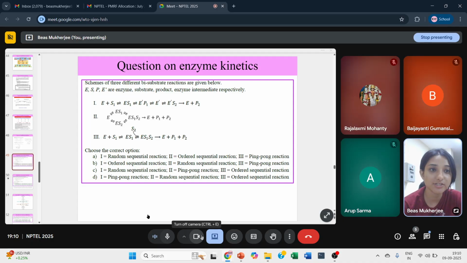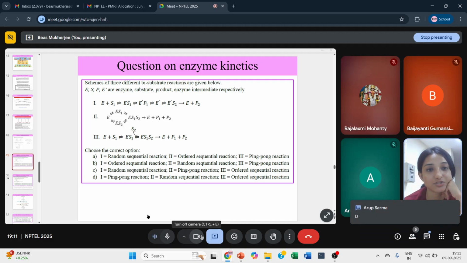Just 2 things you have to look at. Look at the enzyme, how the enzyme is represented, and look at the arrows. Tell me which of these reactions is random, which is ordered, and which is ping pong bi-bi. Remember, in ping pong bi-bi, enzyme gets modified. In random, any one of the substrate can come and sit down first on the enzyme. But in ordered, everything has to be ordered.